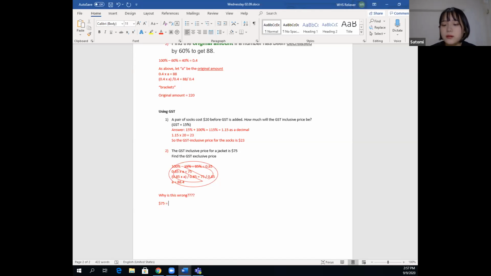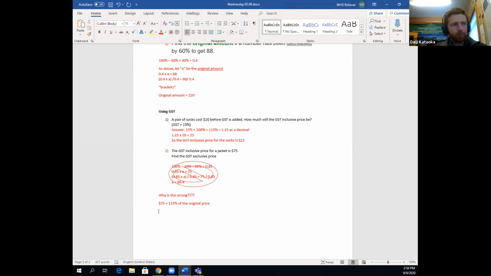1.15. Good. Give it as a percentage. What's the percentage? 115. Very good. Okay. So $75 equals 115% of the original price.